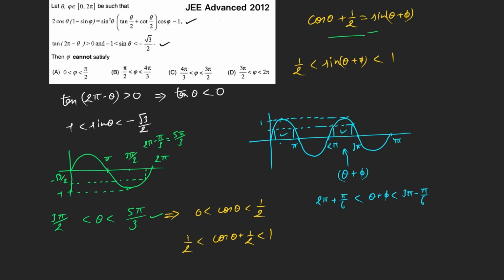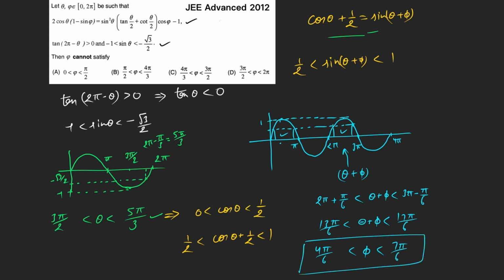So our theta plus phi is between 13 pi by 6 to 17 pi by 6. And we already know the range of theta, so we subtract that. So the range of phi is between 4 pi by 6 to 7 pi by 6. So our phi is between these values.